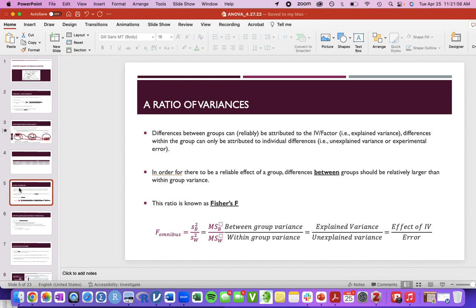So whenever we have something that's unexplained, it's called error. And this makes sense, right? If we are controlling a factor and we are looking at groups compared on that factor, when we change that factor and it leads to a change in the groups, it makes sense that we can attribute it to that factor. But if I see differences within my group, for example, within my lab section 3, this could be a whole host of things.